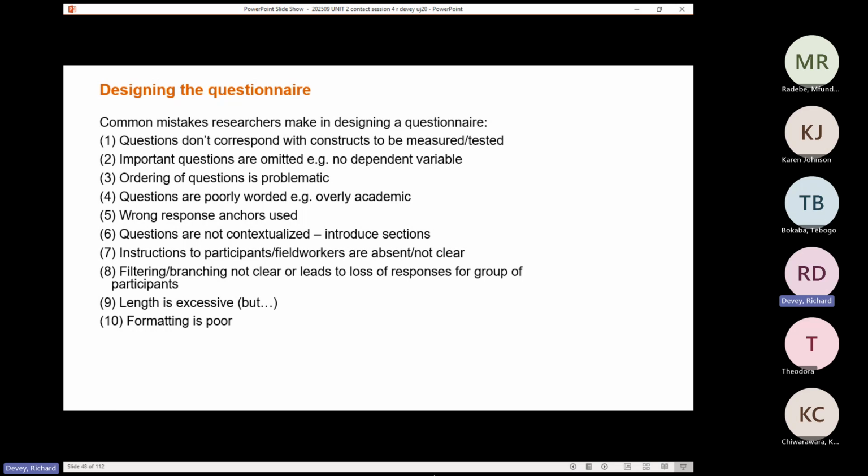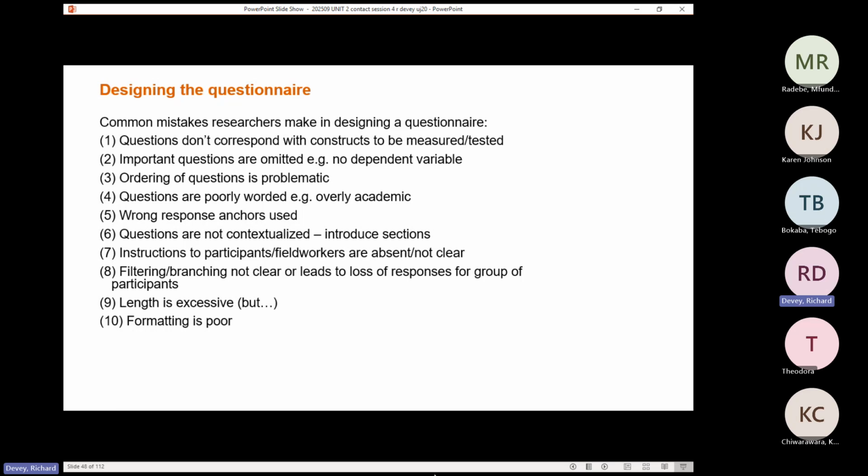There's a very good text by an author who's an expert in developing scales, and his argument is that it's important to include questions in the questionnaire to answer your research questions.